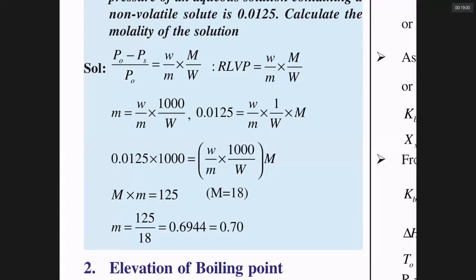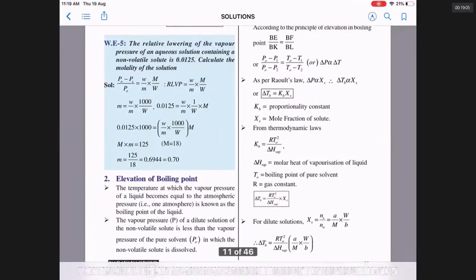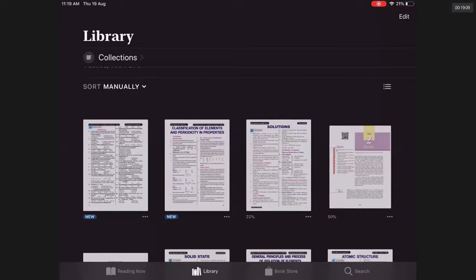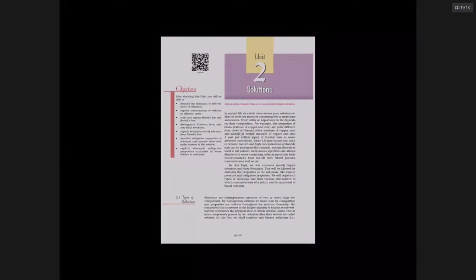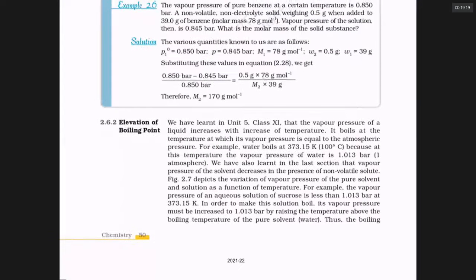Okay, sir? Now let us look at a colligative property called elevation of boiling point. I want to confine myself to NCERT book. Sir, if you take sea water and river water, which will have higher boiling point?